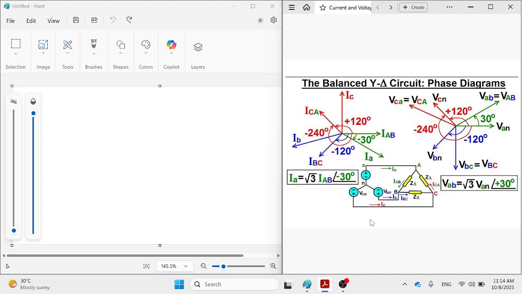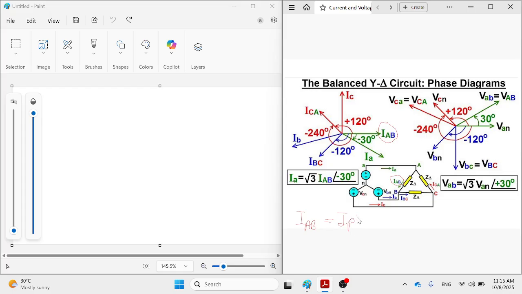But we cannot start from the line current. We should start from the phase current. So here, IAB, which is the current from A to B, is the phase current.